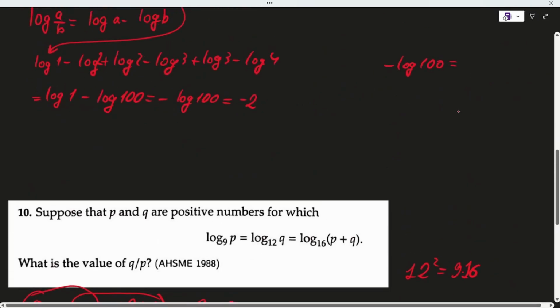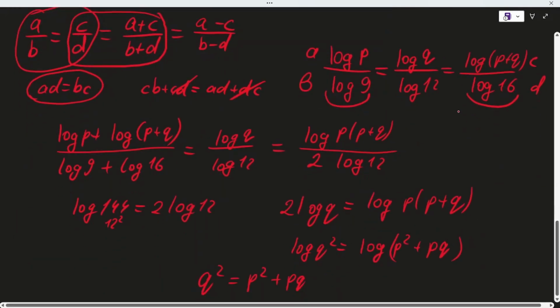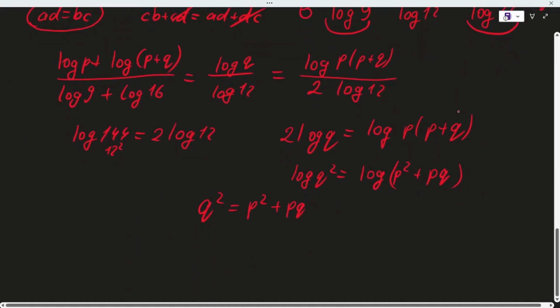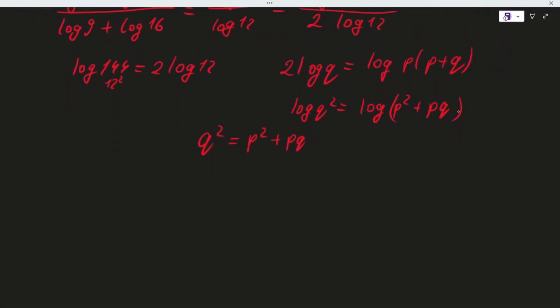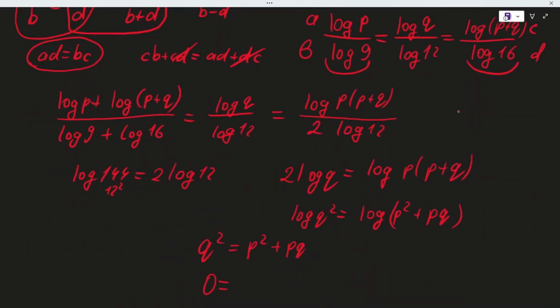And if you look at what the question asks, what is Q over P? In this question, it's impossible to find P and Q themselves, but their ratio can be found. So if we arrange all of the terms on one side, we will get 0 equals Q squared minus P squared minus PQ.